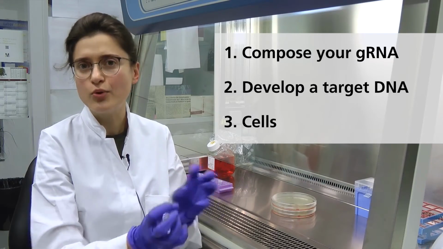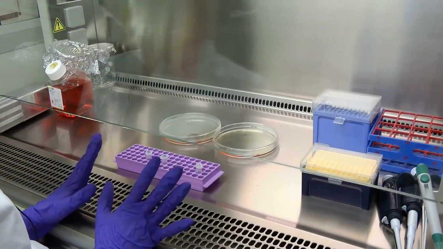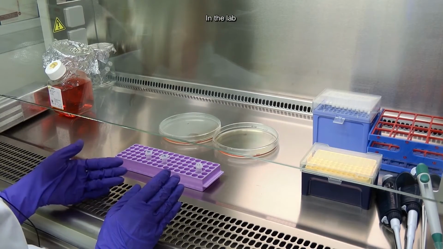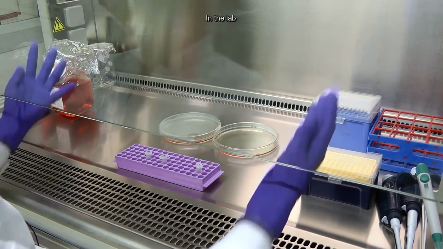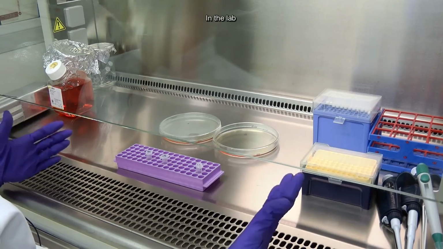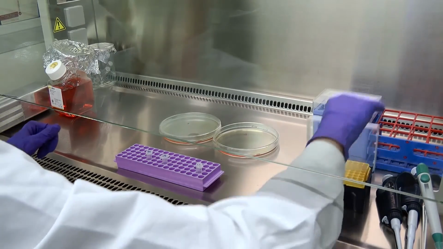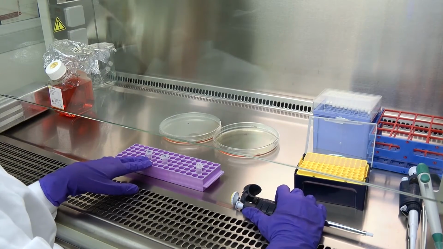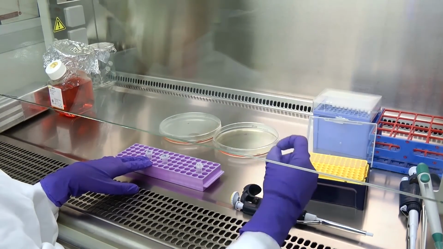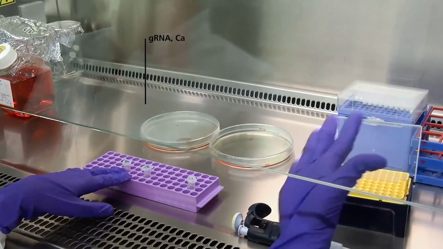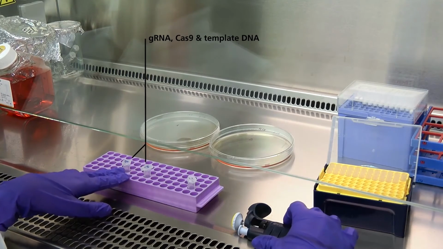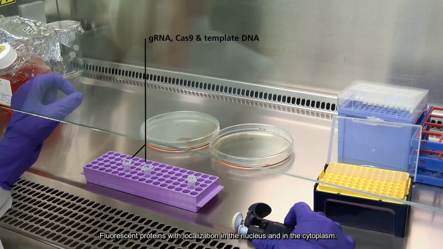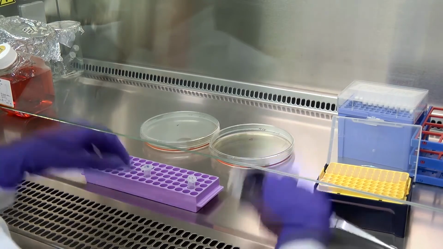And now I will show you how we do these things together. Because we work with cells, we have to be working very carefully without contaminating them. Therefore, we're using a laminar hood. So the air comes from that side and it's filtered. What we are doing is, I have already prepared samples with our guide RNA, the template, and a Cas9 source, and we will tag genes that have cytoplasmic and nucleus localization.